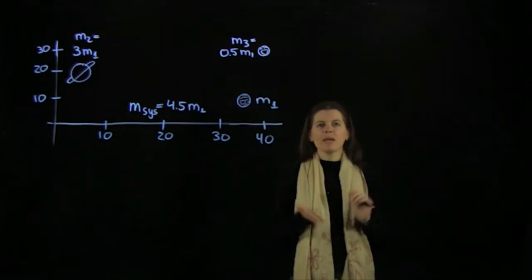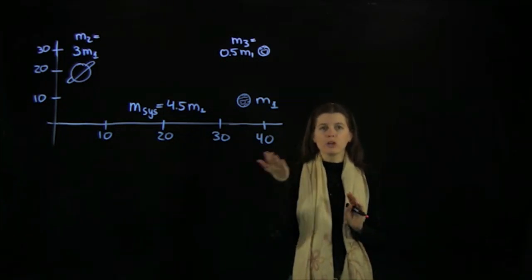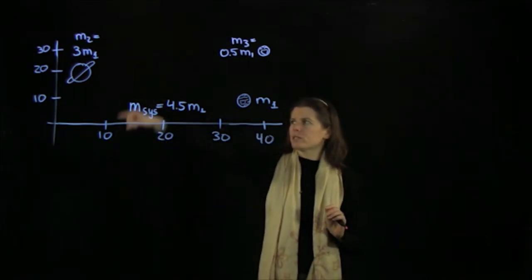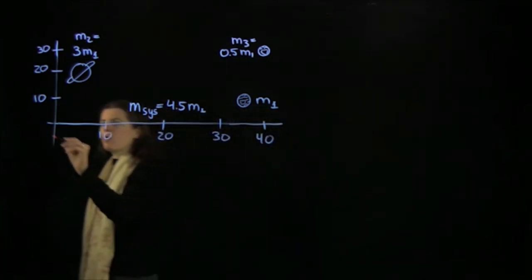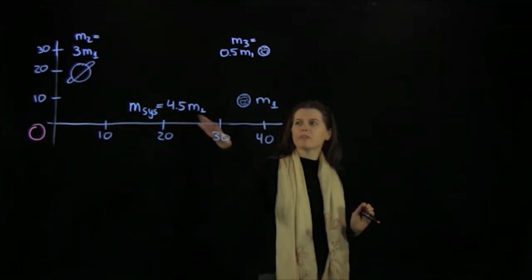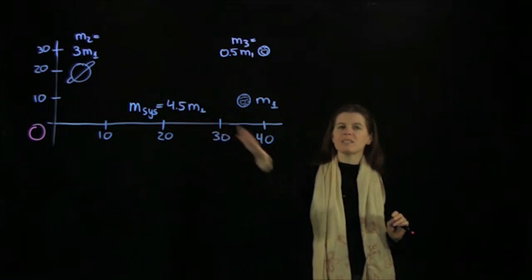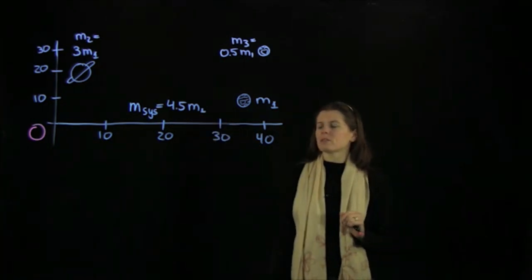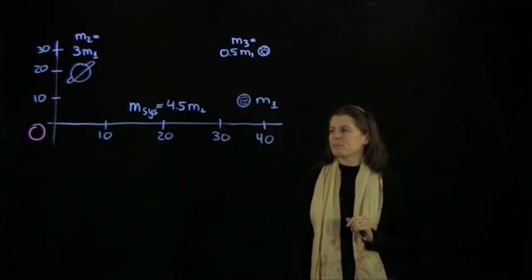And when we want to determine the coordinate of the center of mass, it is a coordinate that depends on this coordinate system and this origin here. Then we need to have the total mass of the system because it's a mass-weighted coordinate. And so the total mass is going to be 4.5 m1.